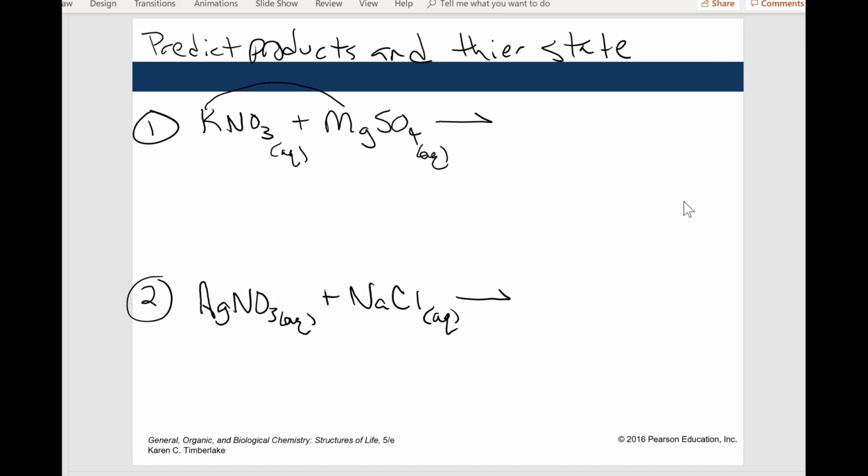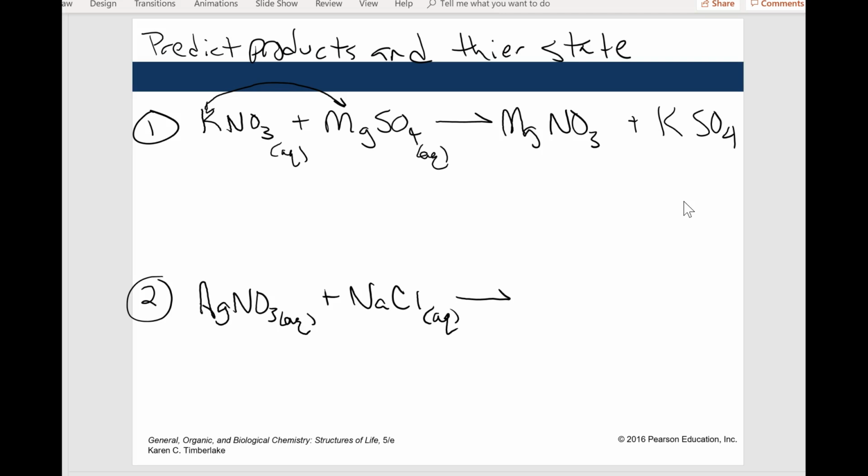So potassium's gonna switch with magnesium, and we're gonna form magnesium nitrate and potassium sulfate. But now we need to make sure that these compounds are charge neutral compounds. If we want to balance our chemical equation, we have to have the right compounds built. And they're going to form charge neutral.